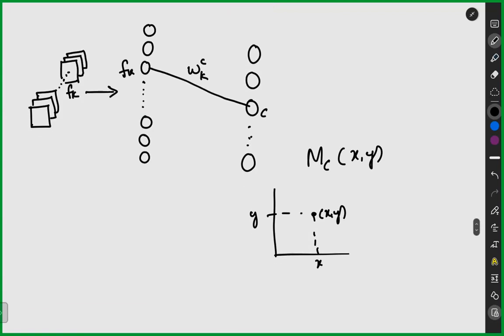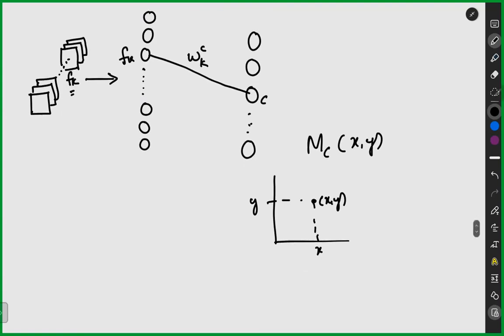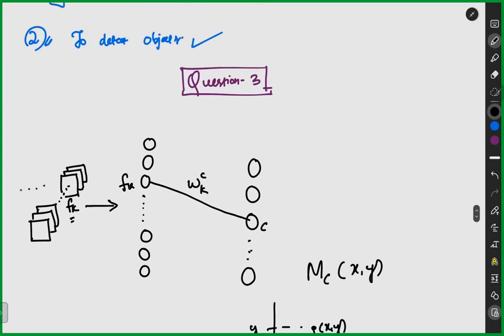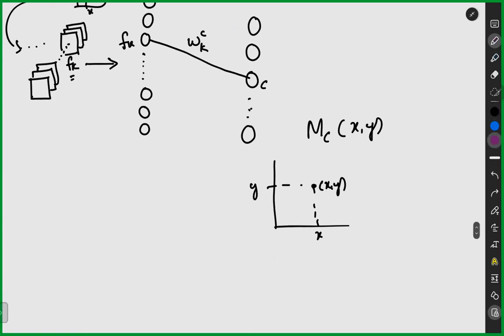Okay, so this FK is sort of the feature that you're getting from the input. So this is coming from long back, from the input image where we have this X and Y. So if I put FK XY, I'll get this one.